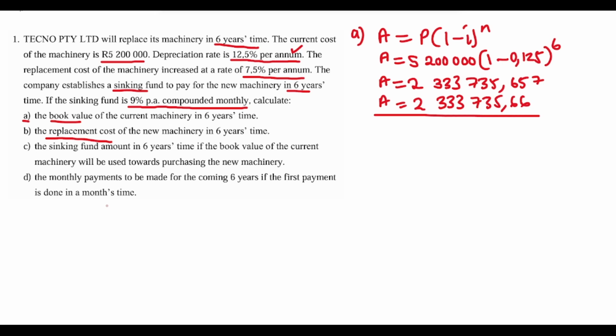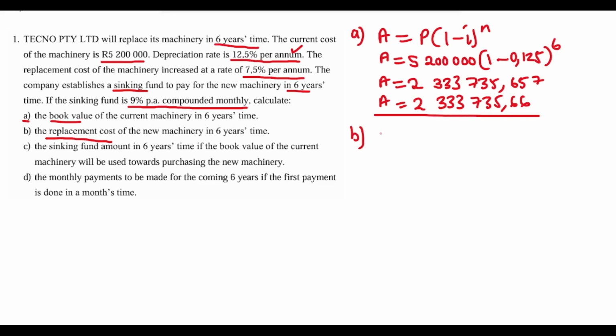So when they go back to the market to buy the new machinery, it is not going to be 5,200,000. It's going to be more than that, because prices of goods and services always increase due to inflation mainly, and also other factors. So we're told that the replacement cost of machinery is increased at a rate of 7.5% per annum. So what will be the replacement cost?